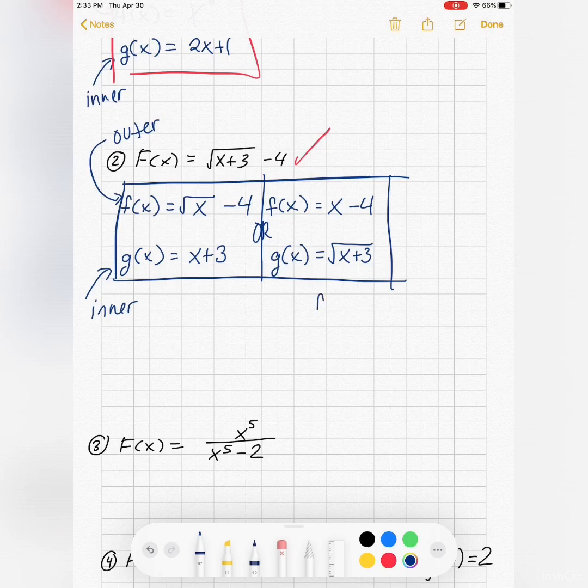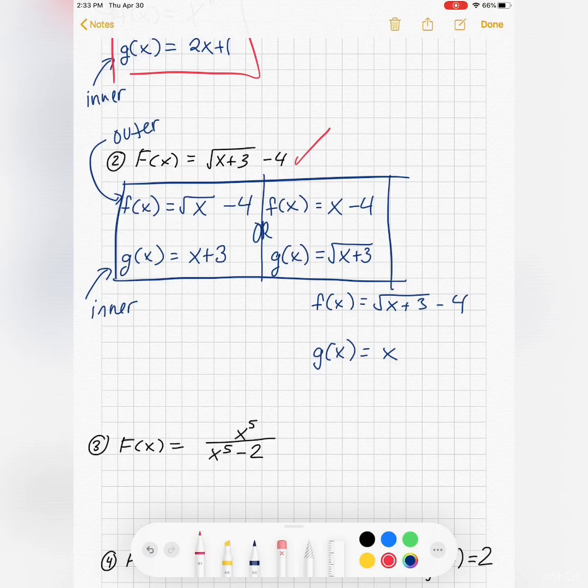So do you think this would work? What if I said this? What if I just said the inner function is x? Then the outer function would be root x plus 3 might just be that composition itself.